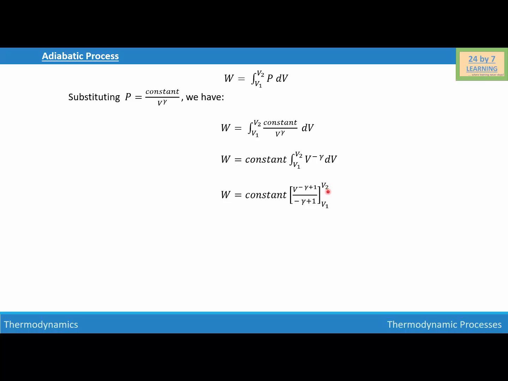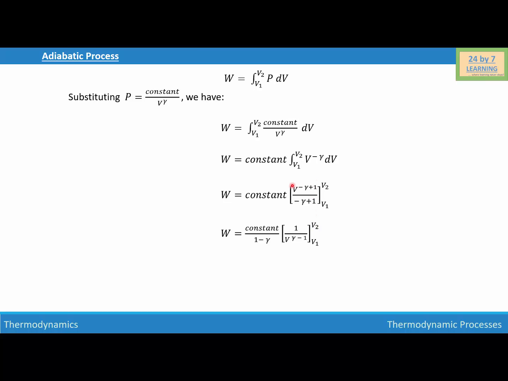Now let's substitute the lower and the upper limit and take this constant term out, which is negative gamma plus 1. So if we take that out, this is in the denominator. So we will write constant over 1 minus gamma outside, and inside the bracket I have 1 over V to the power gamma minus 1 from V1 to V2.